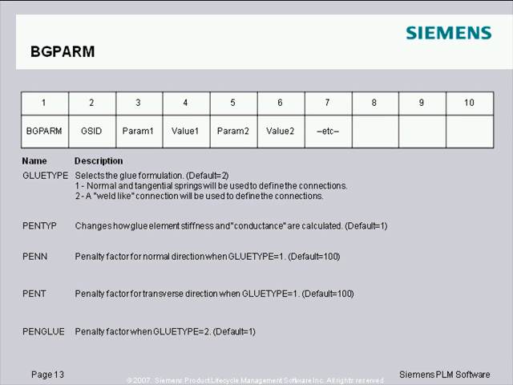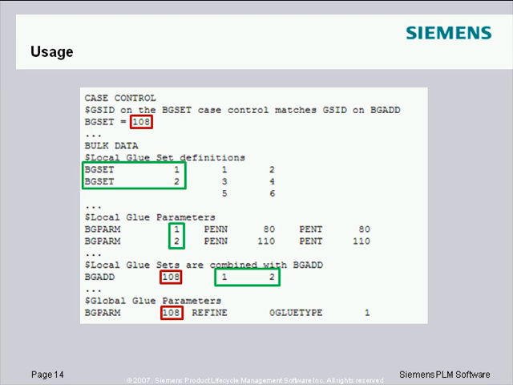And again, there are more parameters that can be defined, but these are only the ones that are valid for local BG Parms, excuse me. The glue type, the penalty factors, how conductances are calculated, and what type of glue.